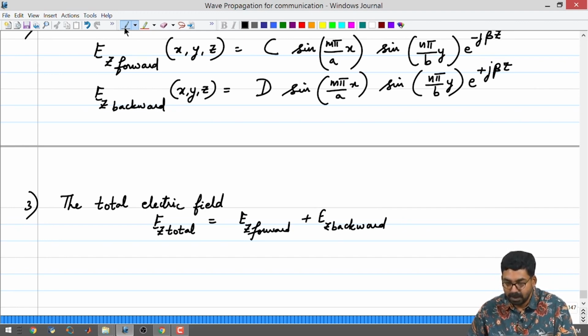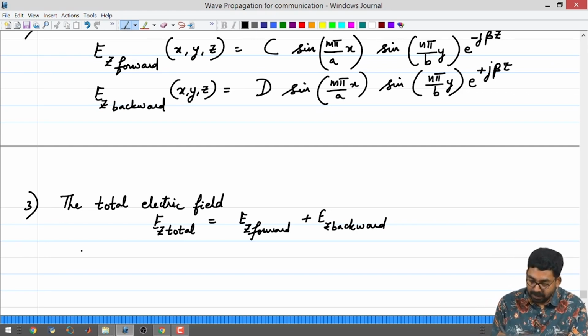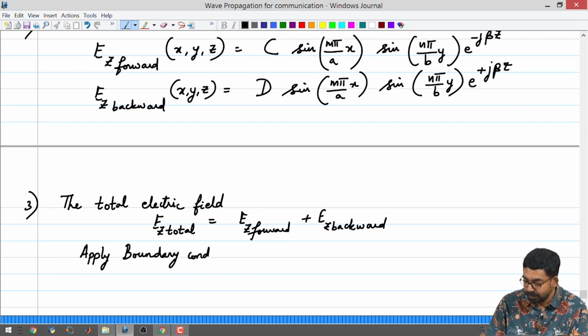Now, once you know that you are going to be talking about the summation of these two, in these structures, since the longitudinal direction is also finite, we can talk about reflections that will be happening at these boundaries or at these extremities. So, one of the things that we can do is apply boundary conditions say at z equal to distance d.